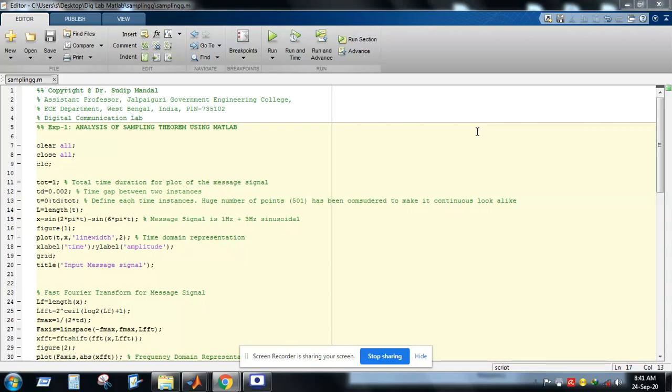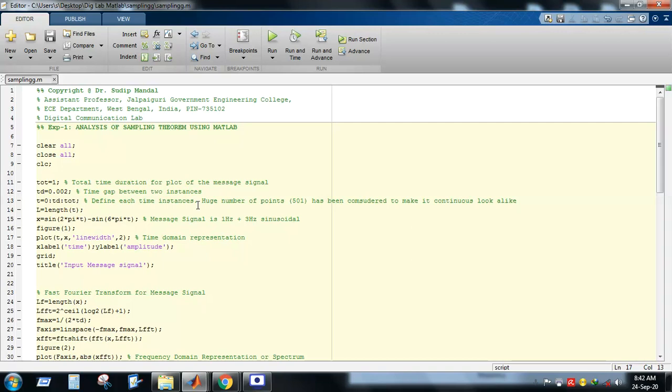So let's come to the first experiment that we will discuss today, that is the analysis of sampling theorem using MATLAB. As you know, as per the sampling theorem, for effective reconstruction of a message signal, the criterion is that the minimum sampling rate should be greater than or equal to twice the message signal frequency.